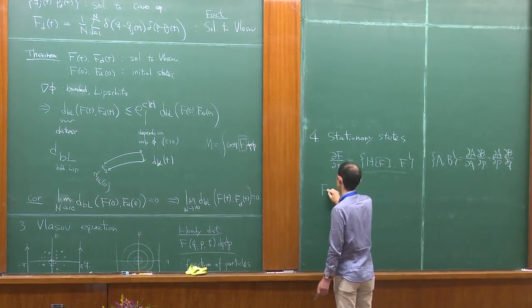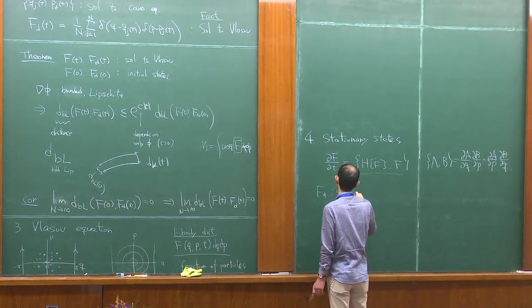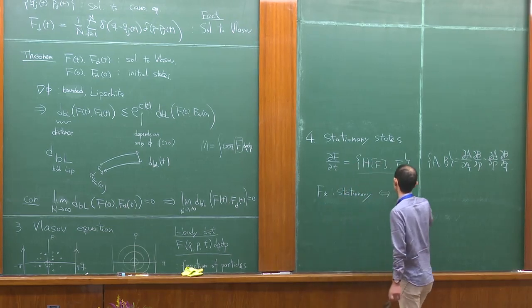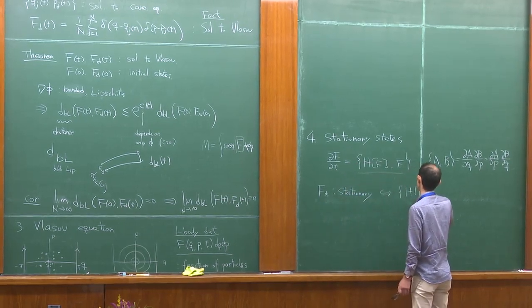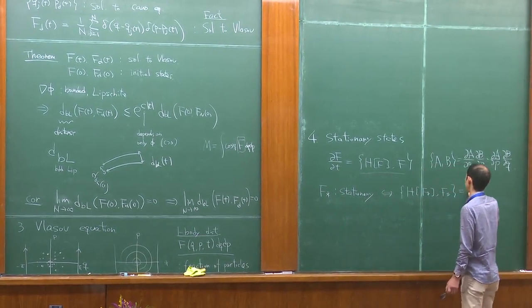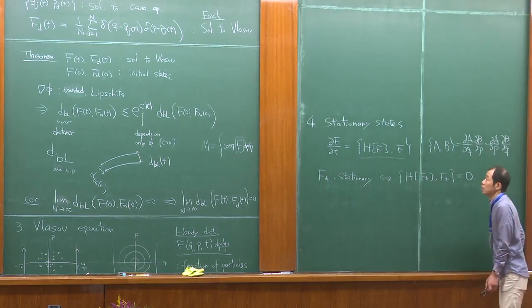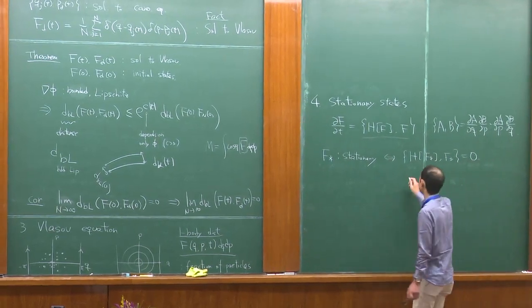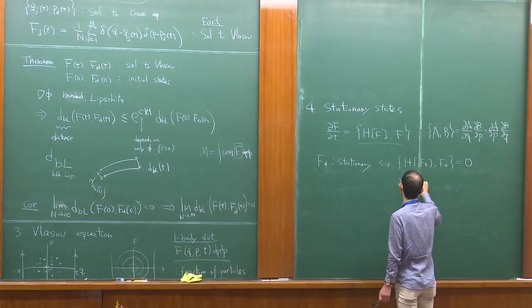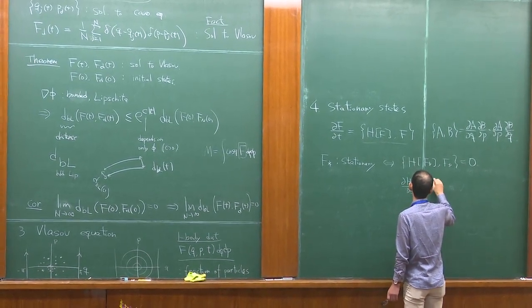So F is stationary if this Poisson bracket is 0. And I come back to the derivative notation.